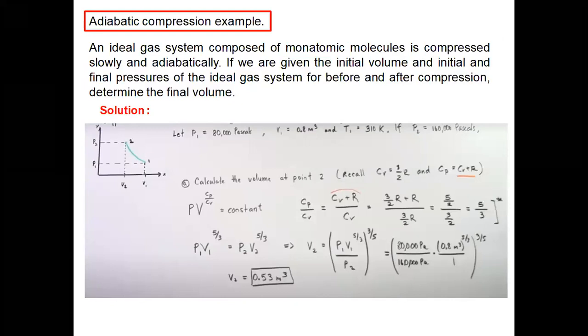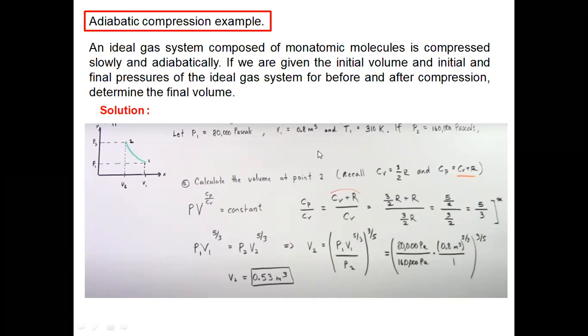If we are given the initial volume and the initial and final pressure of the ideal gas system before and after compression, we want to determine the final volume. بهي الحالة راح نستخدم القانون اللي هو P V to the power Cp over Cv بيساوي constant. إذا خلينا نشوف P1 بيساوي 80,000 باسكال، V1 تساوي 0.8 متر مكعب at T1 310 كلفن. If P2 تساوي 160,000 باسكال بدنا نوجد V2.